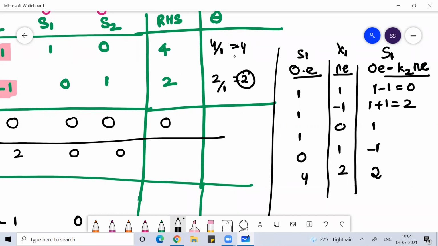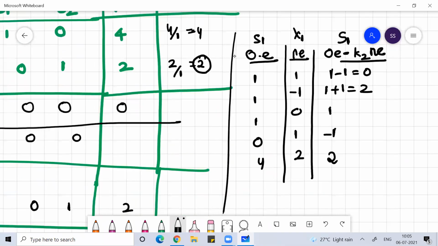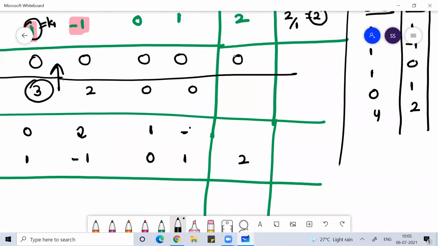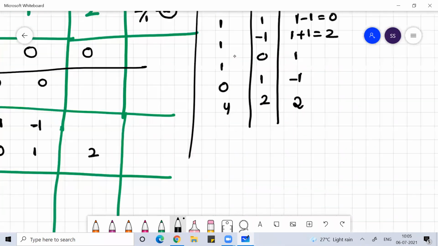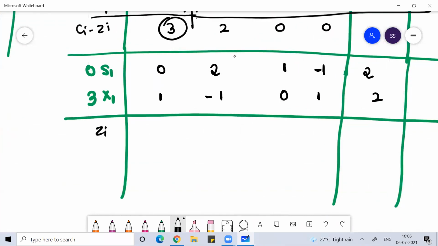Clear everyone? Anyone having any doubt? Done everyone? Once you get this, now you find Zi.